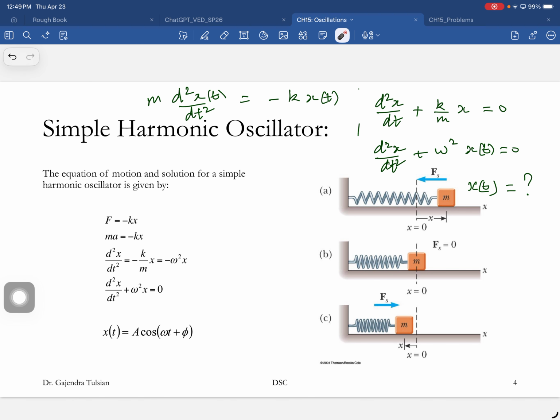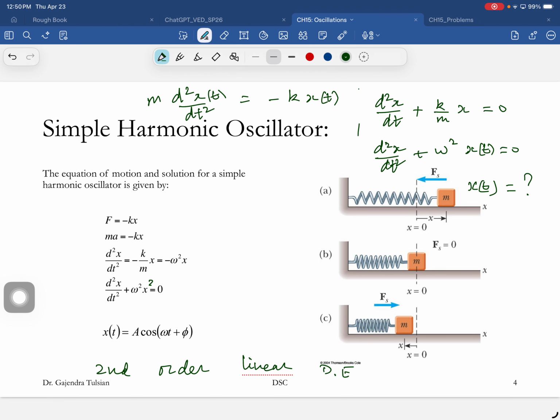All right, so this is a second order linear differential equation. The second order is the highest order of the derivative in there. The linear means all these terms are linear.